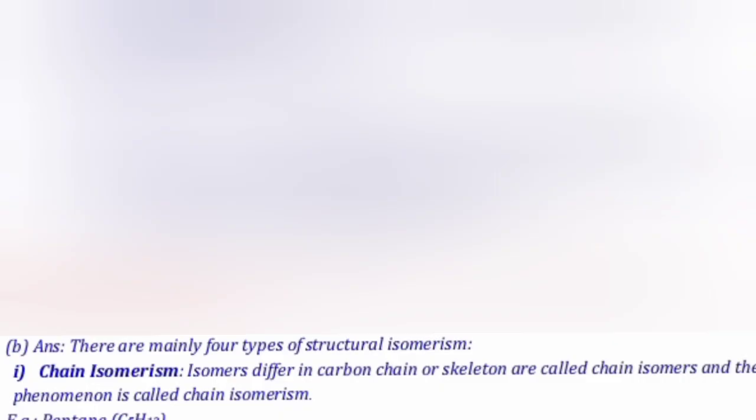Compounds having the same molecular formula but different structures are called structural isomers. Explain any two structural isomerism. Answer: there are mainly 4 types of structural isomerism. 1. Chain isomerism. Isomers that differ in carbon chain or skeleton are called chain isomers and the phenomenon is called chain isomerism.